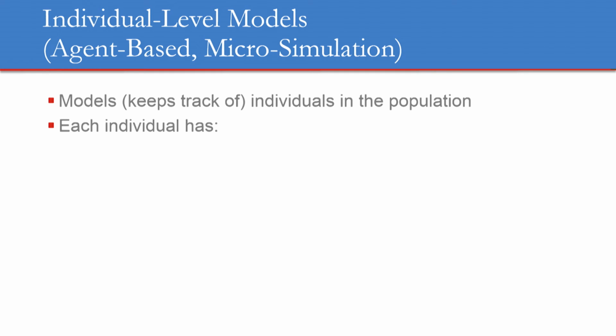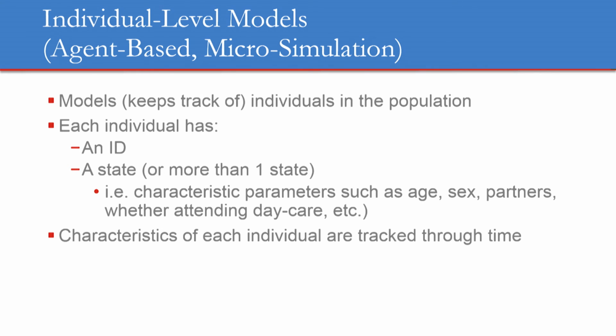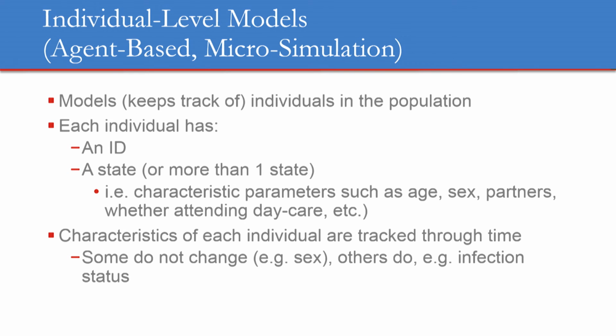In this model, each individual has an identity and a health state or some states. Different characteristics of a state can include age, sex, partners, whether one attends a daycare, and so on and so forth. These characteristics of individuals are tracked over time.